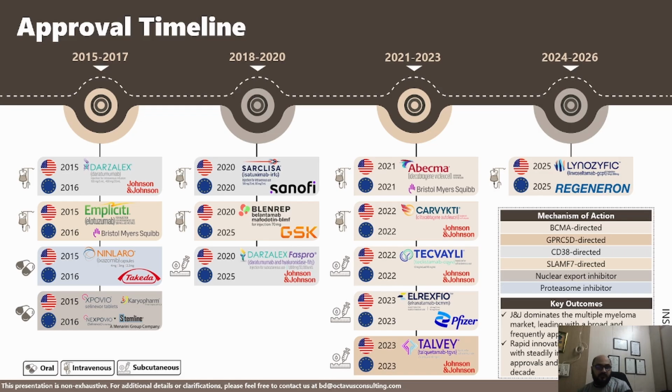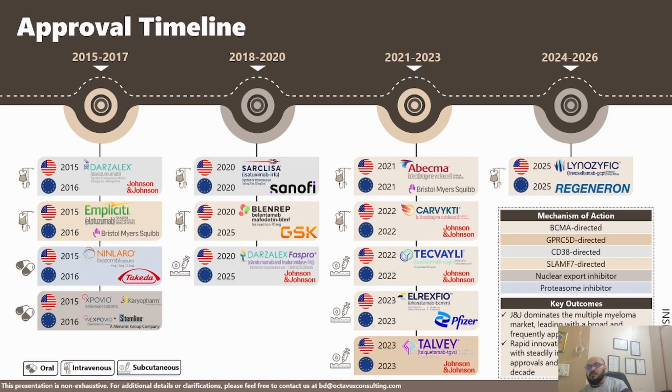But most of the approvals have come in the 2-year cycle of 2021 to 2023, basically, which have turned out to be very important years. We had Abecma, which is a CAR-T, Johnson & Johnson's CAR-T.